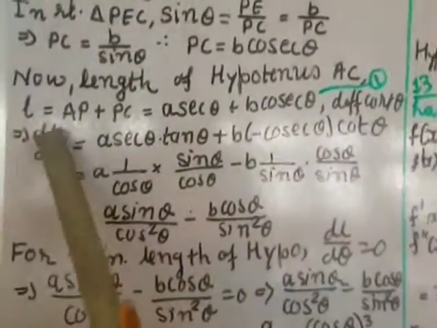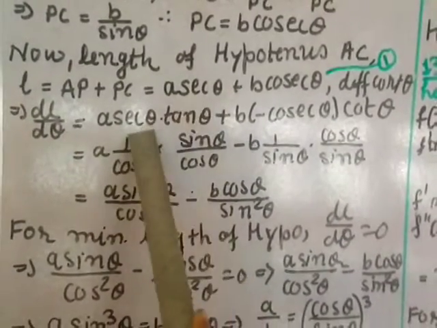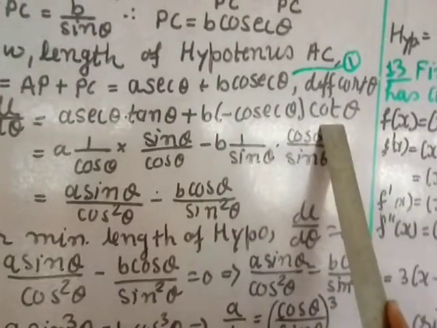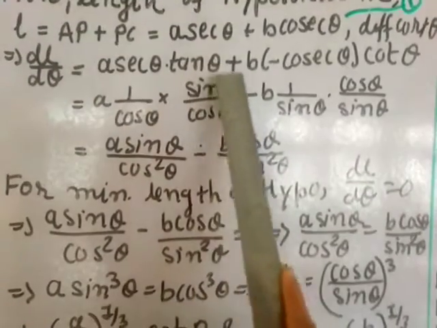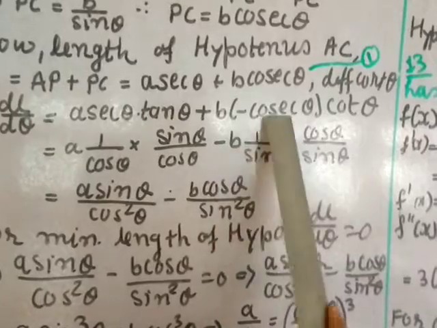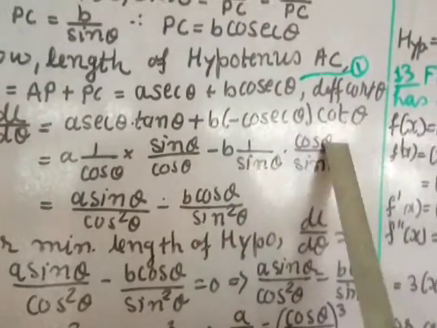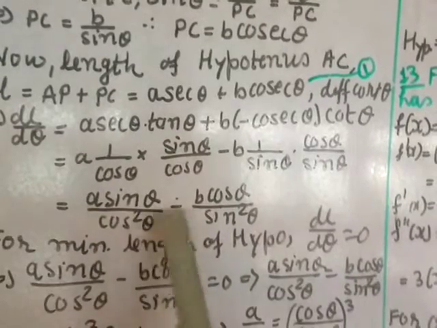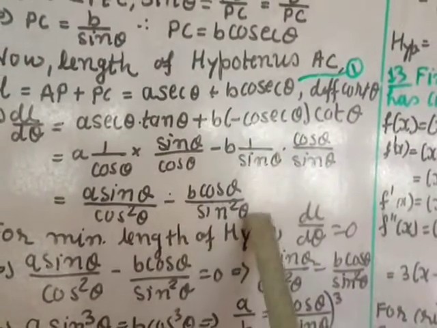So dL by d theta: derivative of a sec theta is a sec theta tan theta, plus b cosec theta derivative is minus b cosec theta cot theta. Sec I write as 1 by cos and tan as sin by cos; cosec as 1 by sin and cot as cos by sin. So this becomes a sin theta divided by cos square theta minus b cos theta divided by sin square theta.